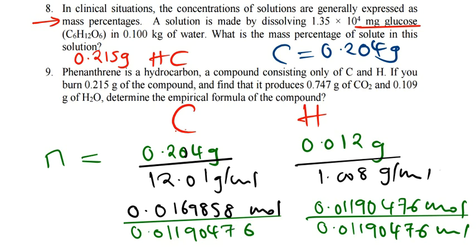So let's do that and see what we're going to get. 0.1698858 divided by 0.01190476. I'm getting something like 1.42. Okay, so I'll just pick 1.4.